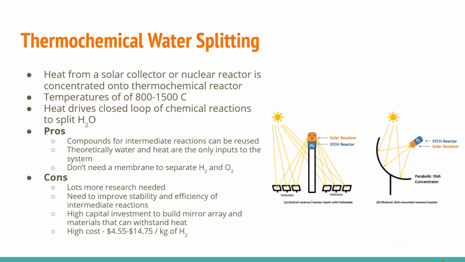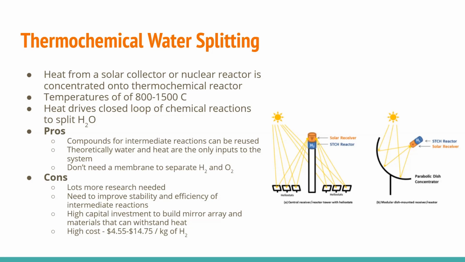So think of those little squares or that semicircle as mirrors that are reflecting and concentrating sunlight towards a reaction center, towards a reactor. So in this method, essentially you have a bunch of sunlight, or you can also use nuclear energy, to concentrate energy onto a reactor where you have water, and then it splits that out.